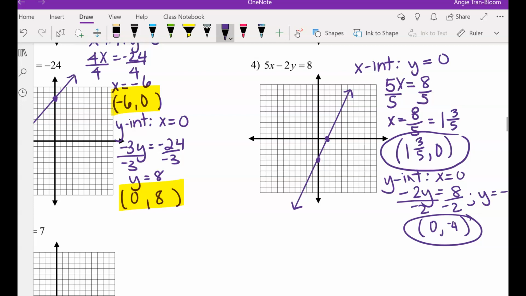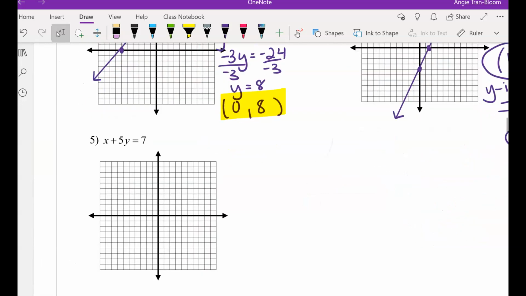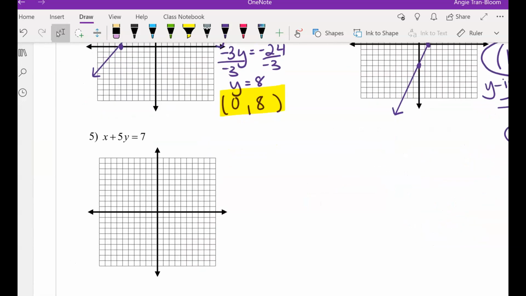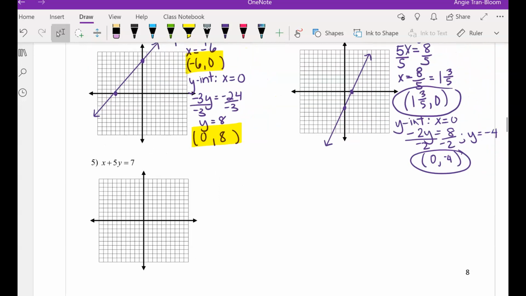Last example, I want you guys to finish that up in 2 minutes and then compare your answer with your team.